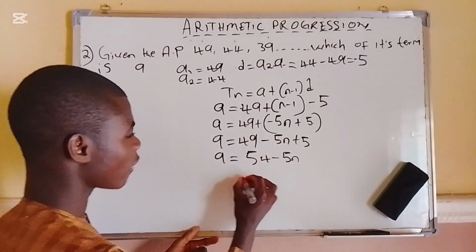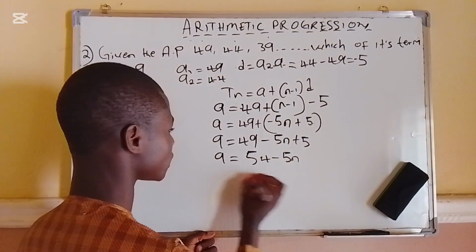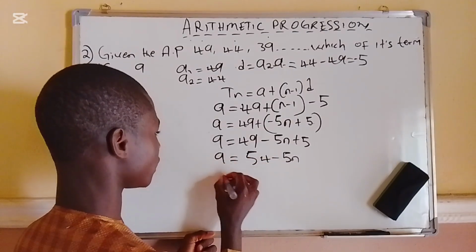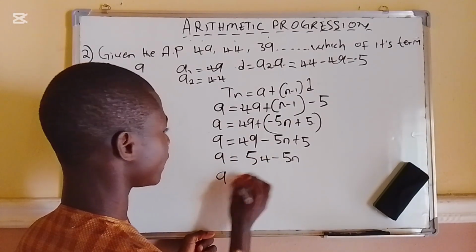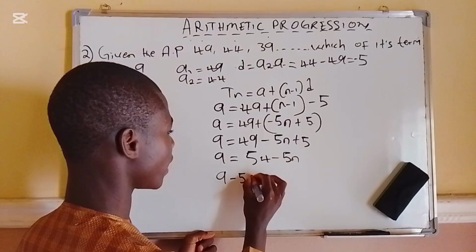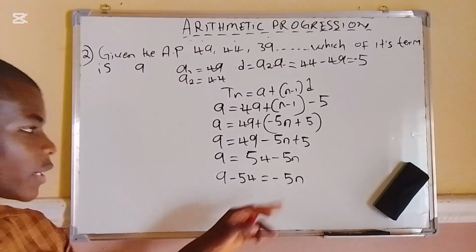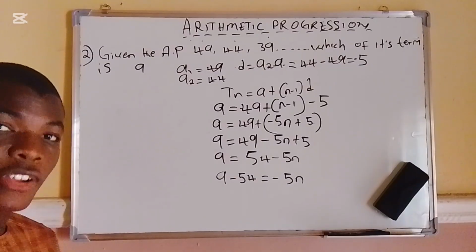So let me say 9 minus 54 is equal to minus 5n.